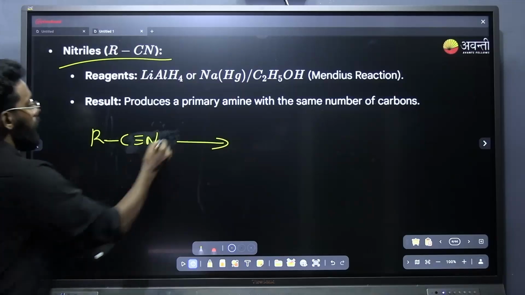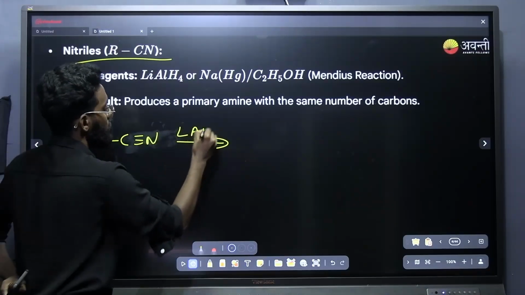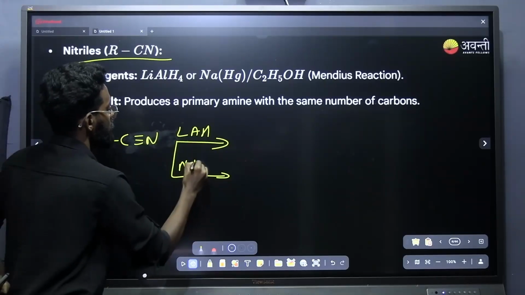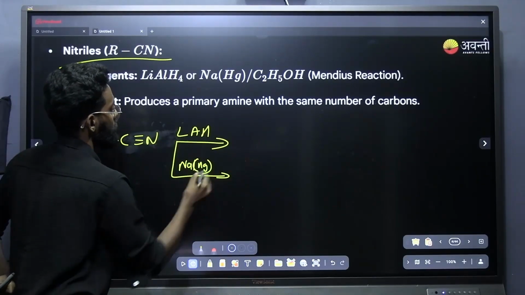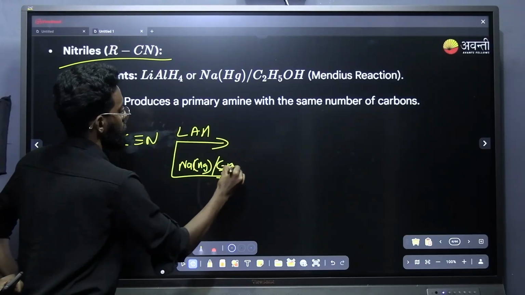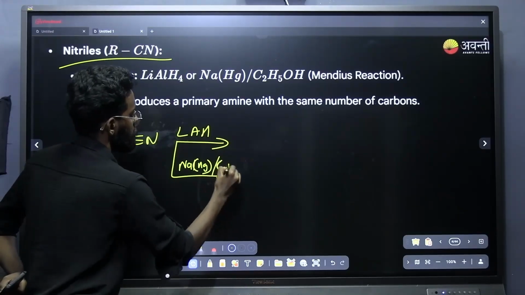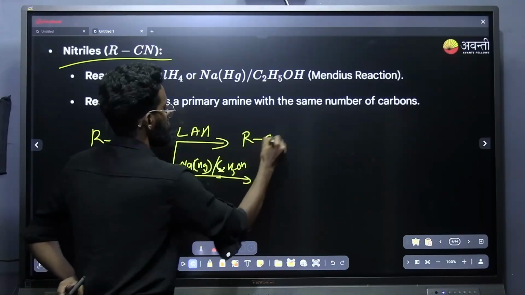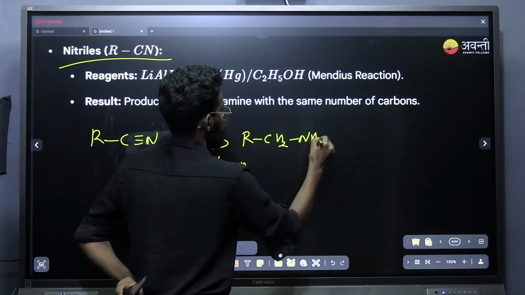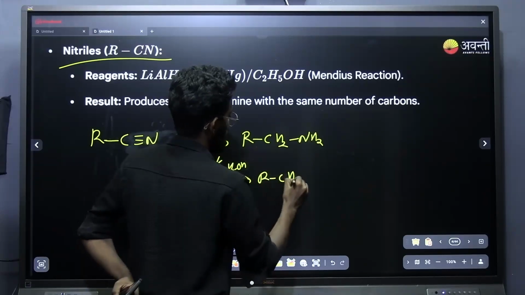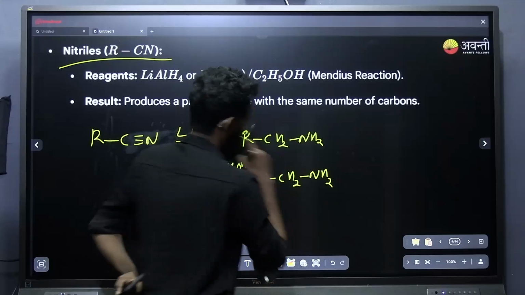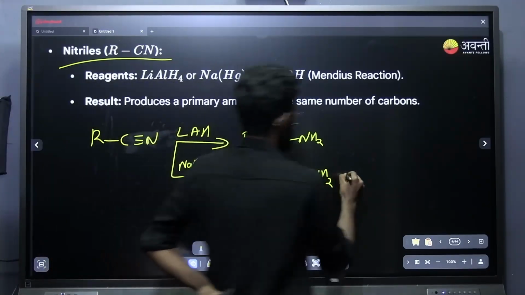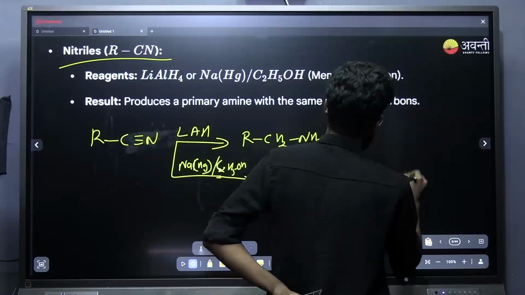From cyanide, I can reduce it by using lithium aluminum hydride, or I can also reduce it by using sodium amalgam in the presence of ethanol, C2H5OH. Okay, what I will be getting in both the cases is the amine, RCH2NH2. And the second method of preparation, we will be calling it the Mendius reaction.